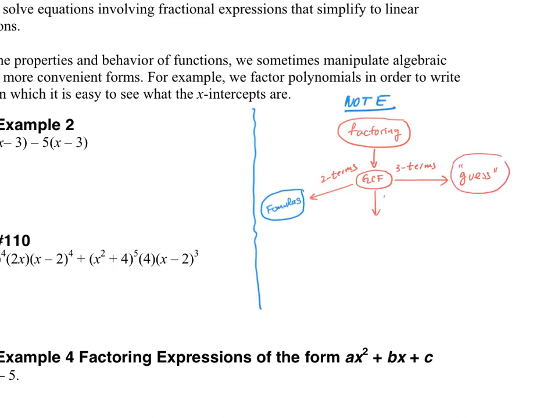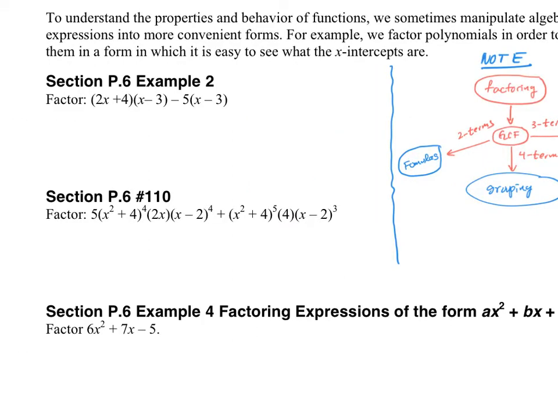And if you have 4 terms, we're going to do something that is called grouping. And grouping works 99% of the time. You can always change any 3 terms into 4, and we'll do that. So if the guess is pretty complicated, you can always change it into 4, and it will make your life easier. All right, so let's try the first example.